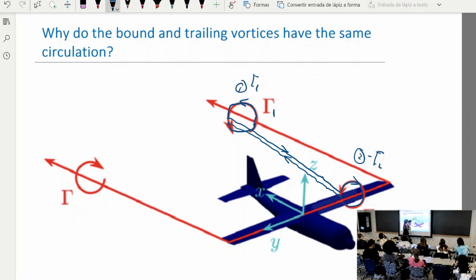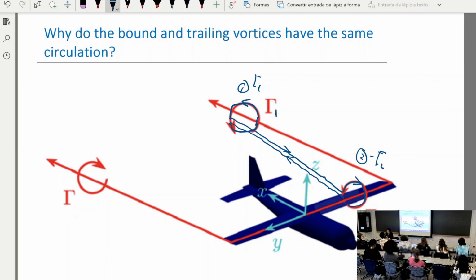So basically, as I make the gap smaller and smaller, the first part of the circulation approaches gamma 1, the second part approaches minus gamma 2, and the third and fourth parts cancel each other more and more precisely.